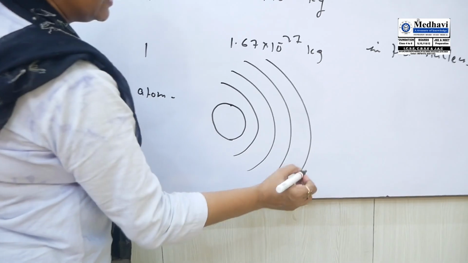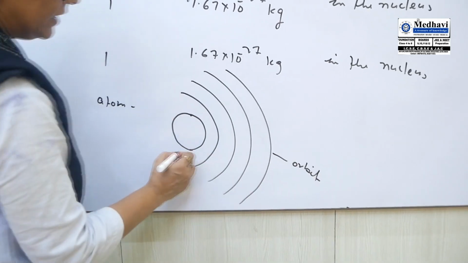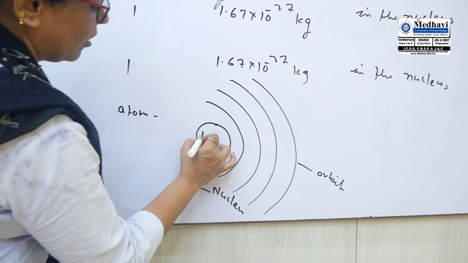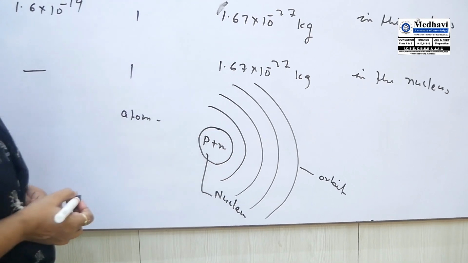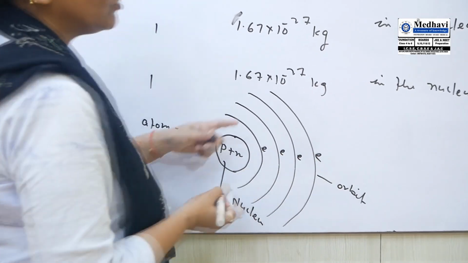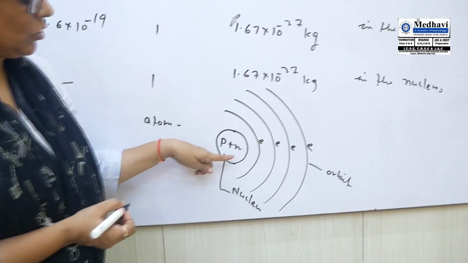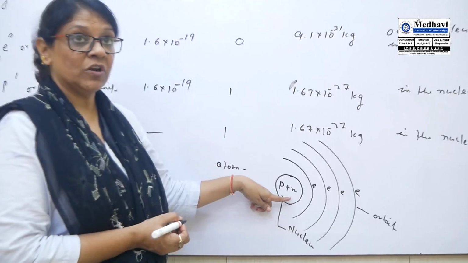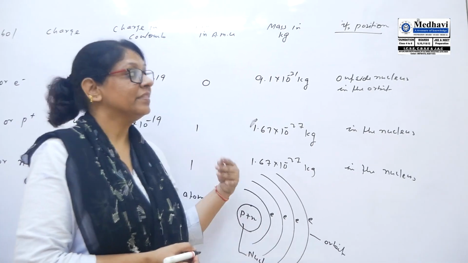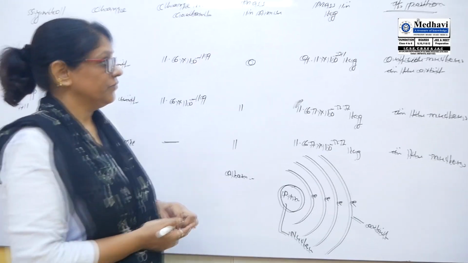This circular part is called the orbit, and this part is called the nucleus. In the nucleus, protons and neutrons are present, whereas outside the nucleus, in the orbit, electrons are present. How will we arrange electrons in the orbit? That I will discuss later in the class.